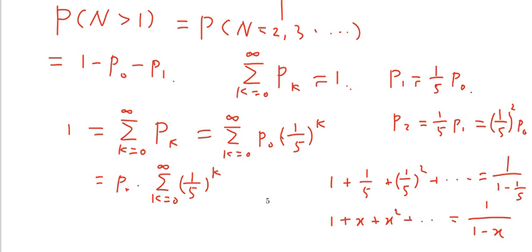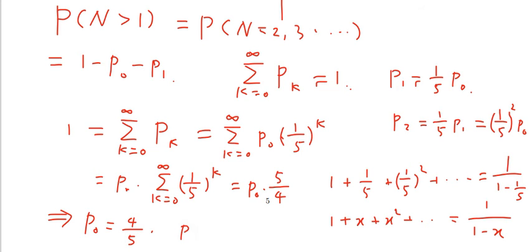So P0 times this summation, which equals 5 over 4, gives 1. So we get P0 equals 4 over 5.